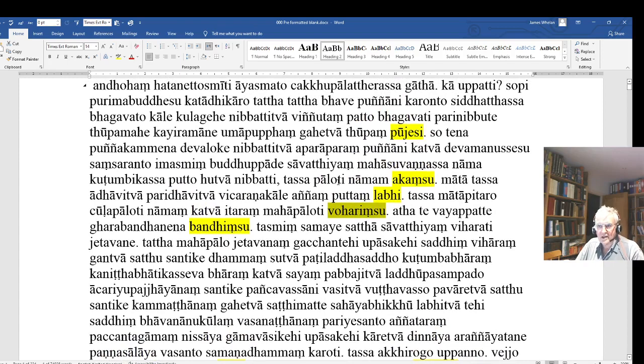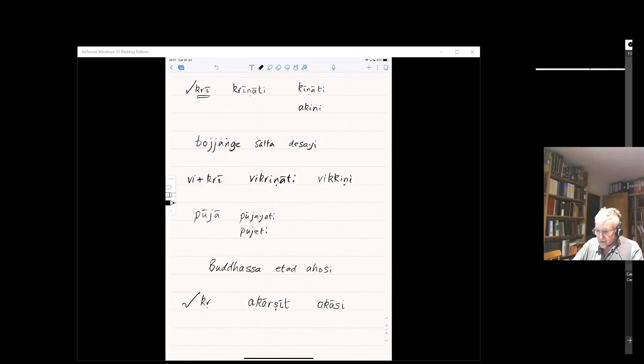Oh, sorry, it's not akasi, it's the plural, akamsu, but the same principle applies. If it was singular, it would be akasi. So it might look like a very puzzling form in Pali, but if you know what it came from in Sanskrit, end of puzzlement, it's a regular formation in Sanskrit.